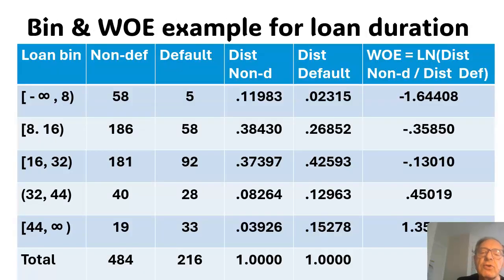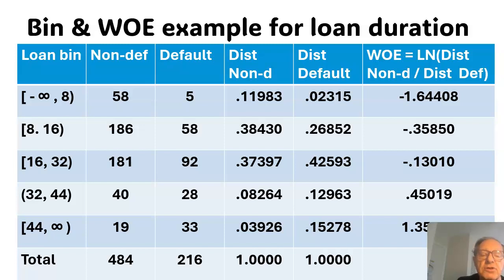So for the first variable, loan duration, this is what the WOE calculation looks like, and there's a similar calculation for all the other variables. I've created 5 bins for loan duration. For each bin, I count the non-defaulters versus the defaulters.